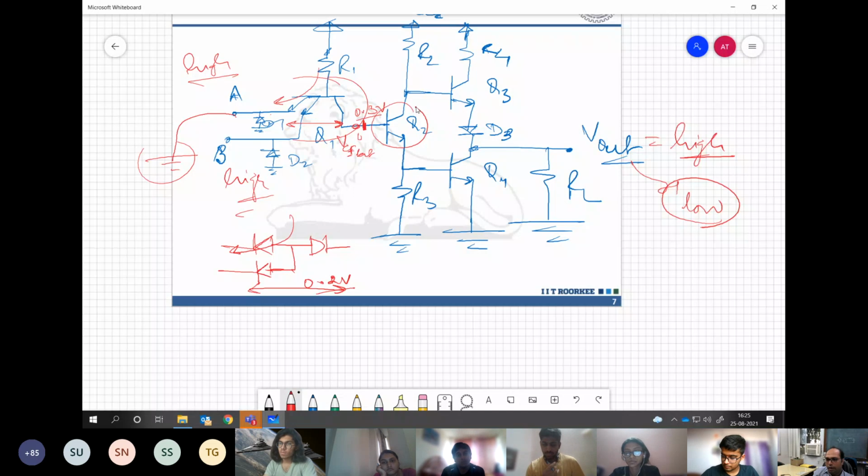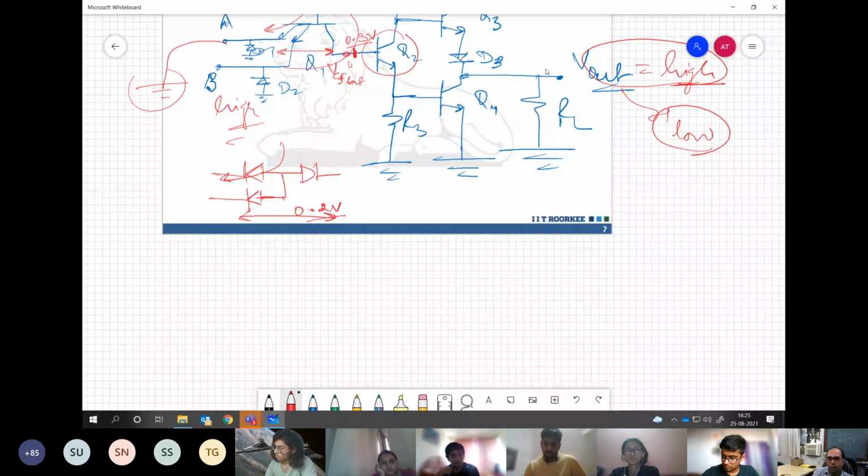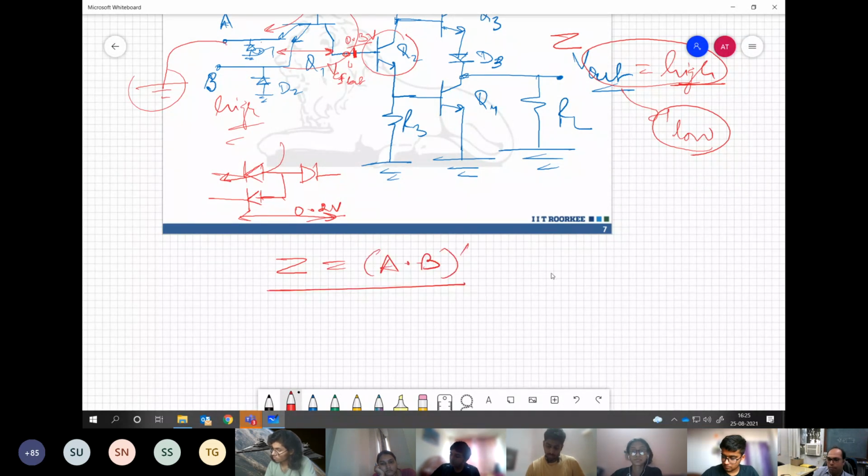Then we will get the high output over here. So let's say this output is Z. Then Z is equivalent to A into B prime. That is the behavior of this gate. Are you getting my point?